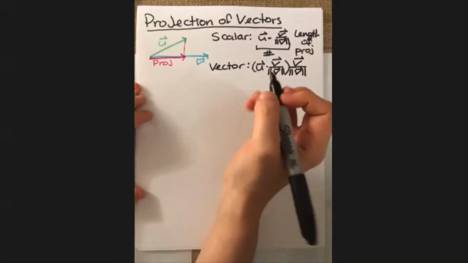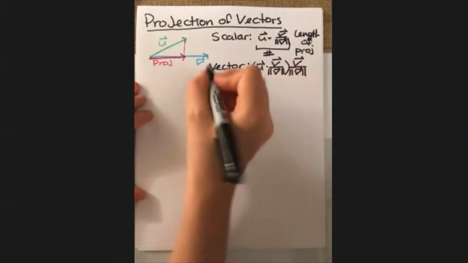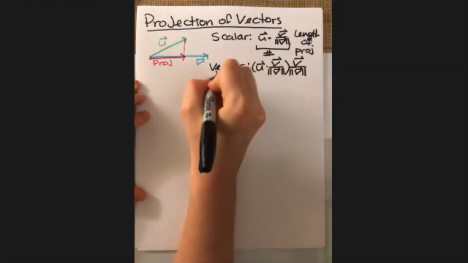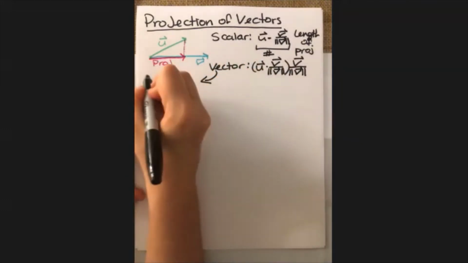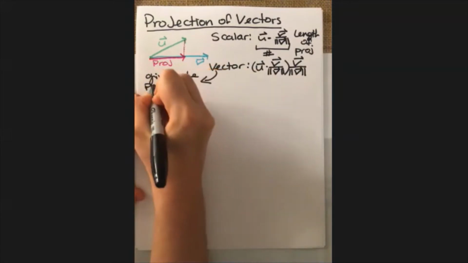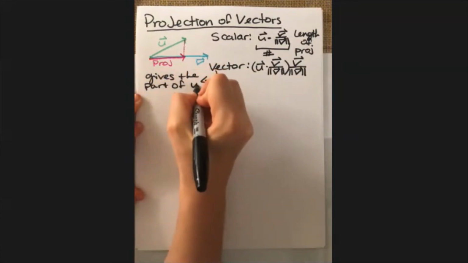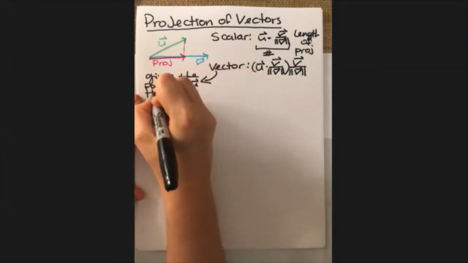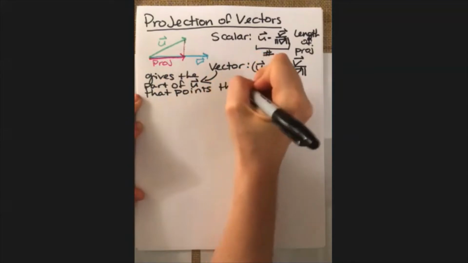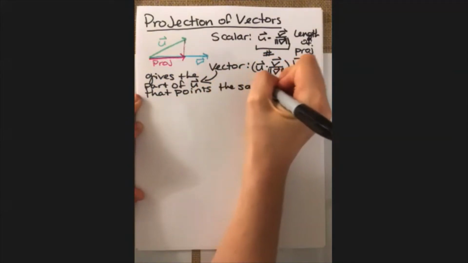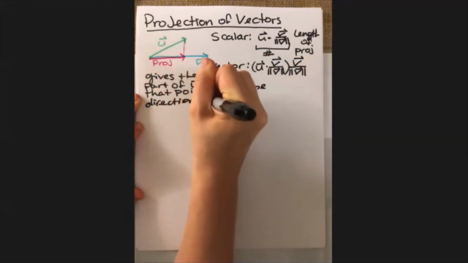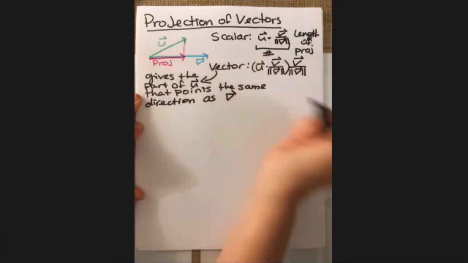And intuitively, the way that we can think about this is that it gives the part of the vector u that points in the same direction as the vector v.